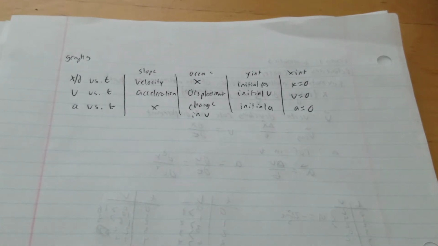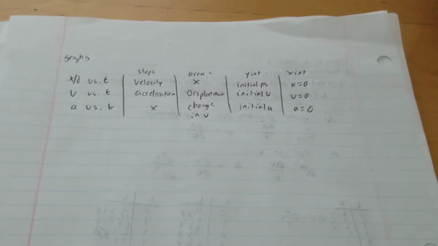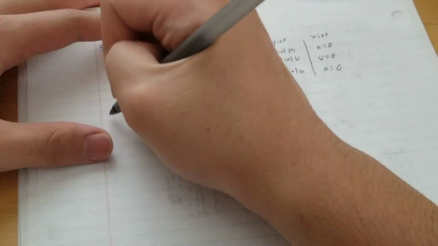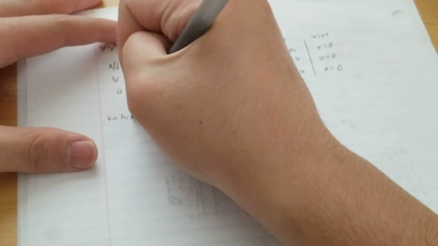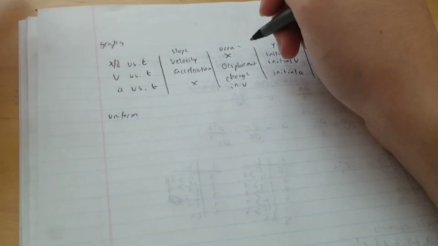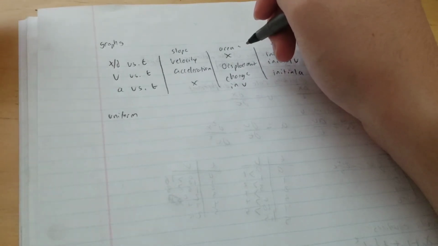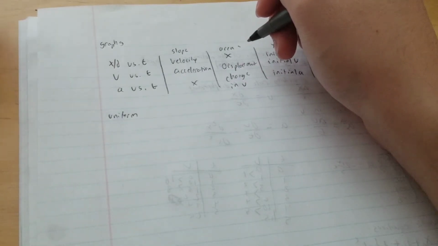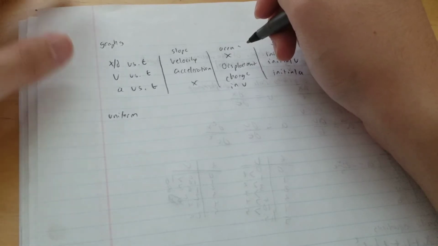Another thing to note is uniform velocity and uniform acceleration and the graphs and such. Okay, so uniform velocity. So velocity is constant. It stays the same number. So acceleration as the rate of change of velocity would be 0, okay?